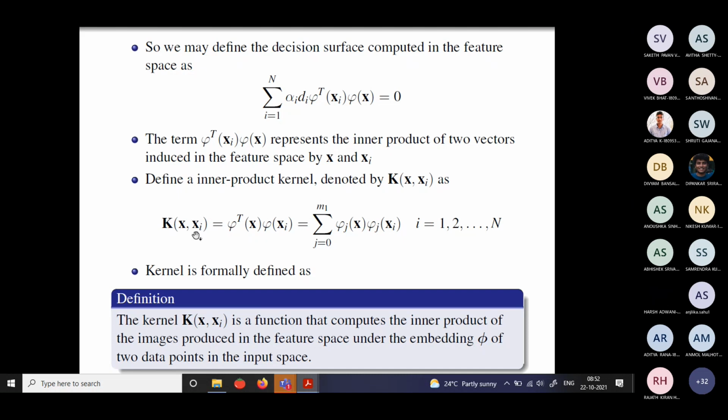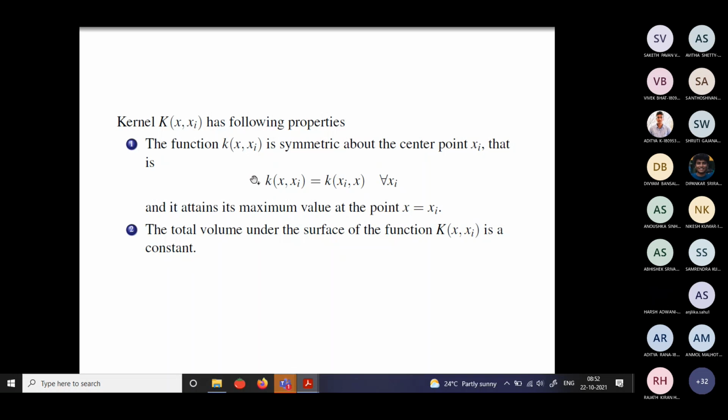Either I write x, xi or xi, x, it doesn't matter. Overall it's an inner product, and the product value should not change. So this particular function, the kernel, is symmetric. That's why k of x, xi equals k of xi, x, and this is valid for all xi.